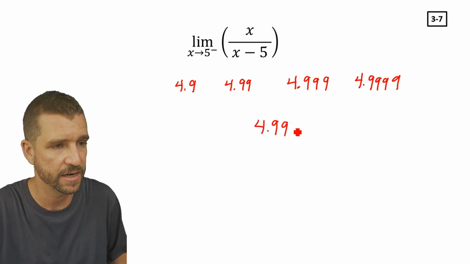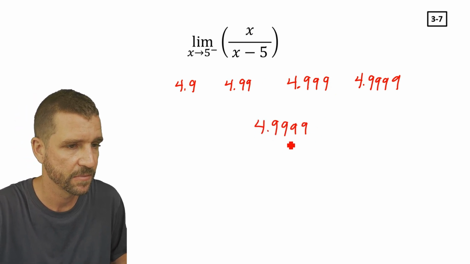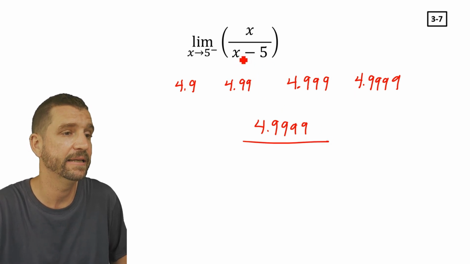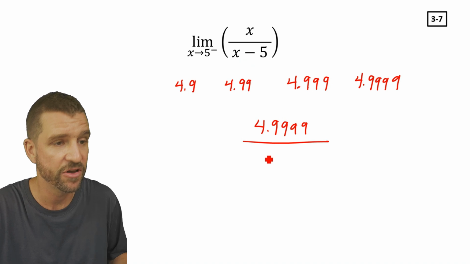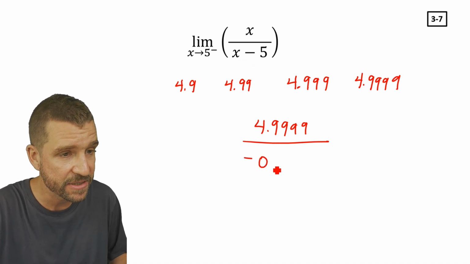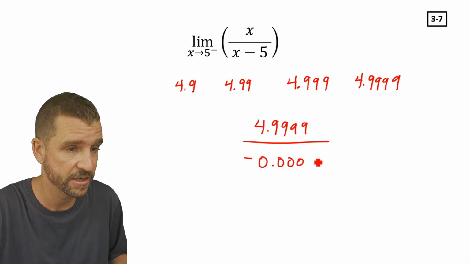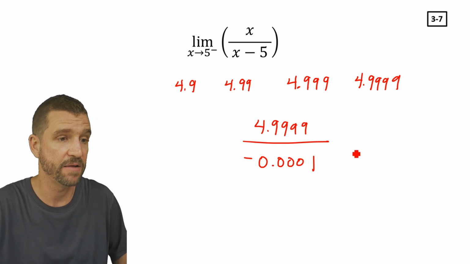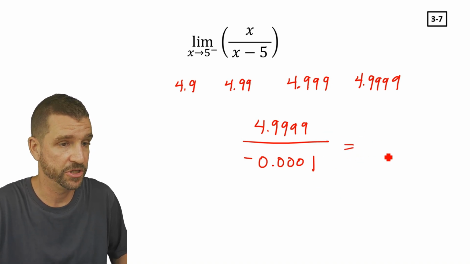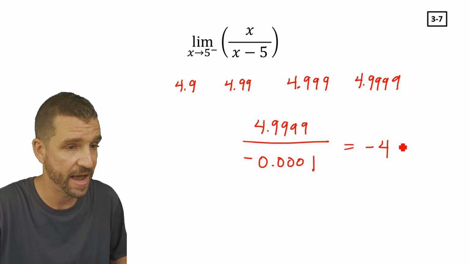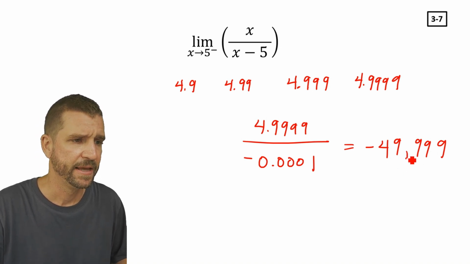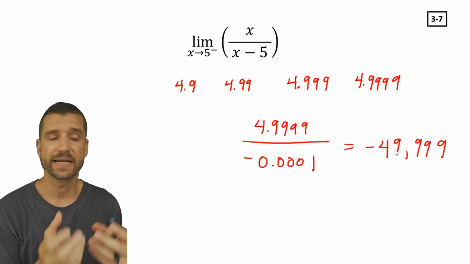We'd get 4.9999 on the top. On the bottom we get 4.9999 minus 5, which is going to be a negative 0.0001. If we divide that, this is going to be a really big negative number.